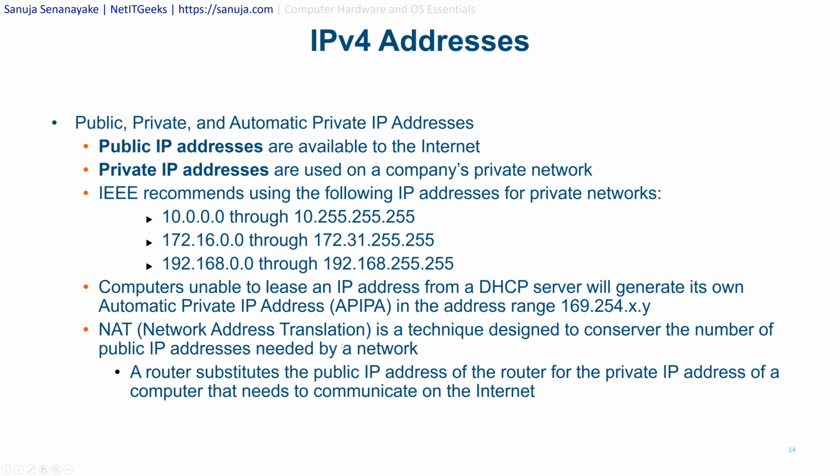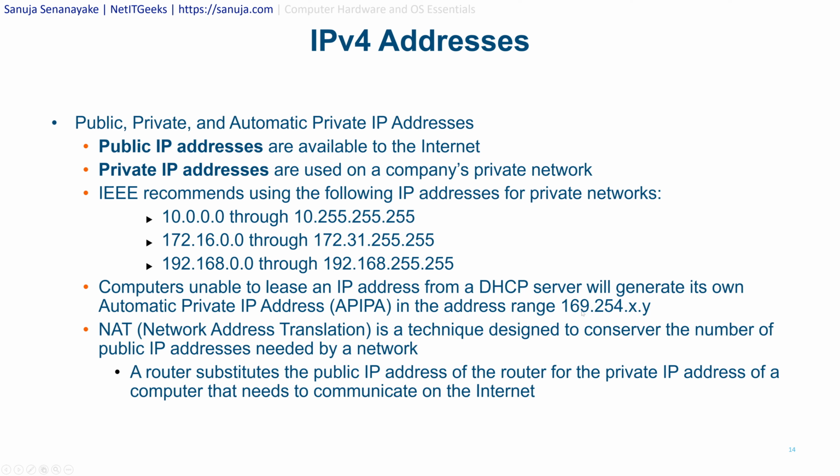A computer unable to get an IP address from a DHCP server will generate its own automatic private IP address, also known as APIPA, in the address range of 169.254.x.y. So X and Y could be any number that is associated with that octet, within that octet range, which is a maximum of, remember, 255.